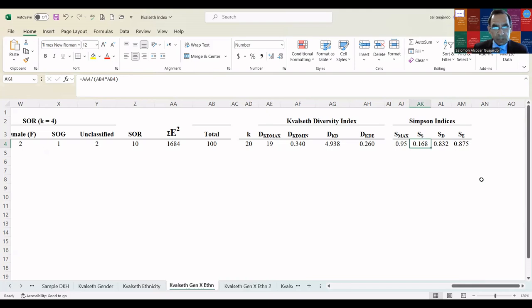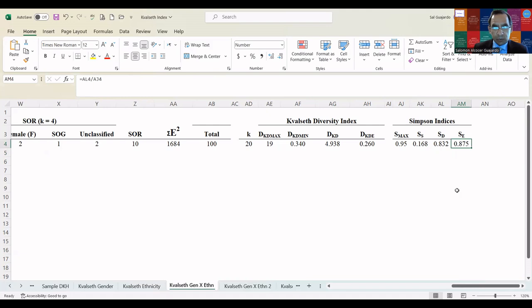Recall that the Simpson concentration score is the sum of the frequency scores divided by the total number of individuals squared. So it's going to give me the 0.168. The Simpson diversity score is 1 minus the concentration score, so it's going to be 1 minus 0.168. That gives me the 0.832. Again, that is the probability that an individual selected will differ from another individual with respect to race and ethnicity and gender.